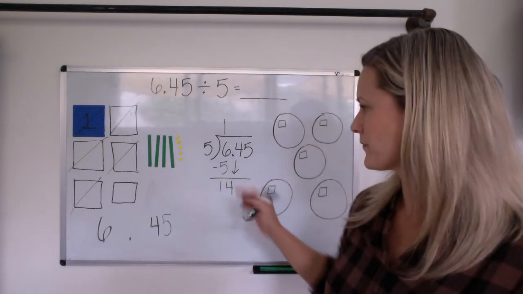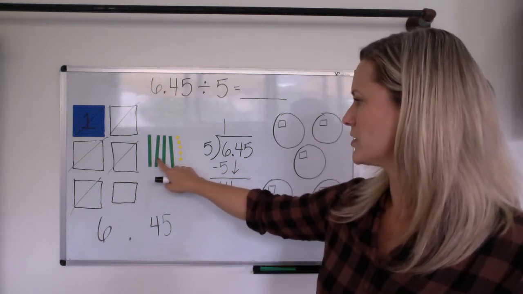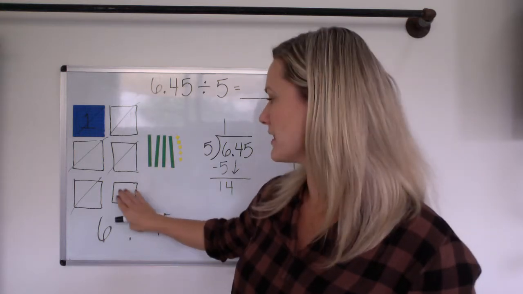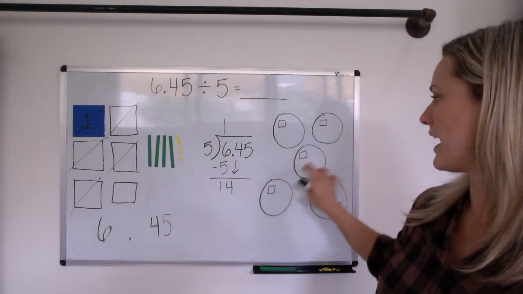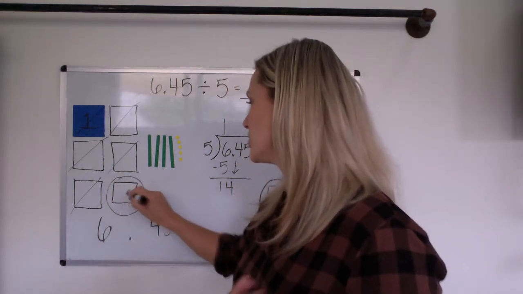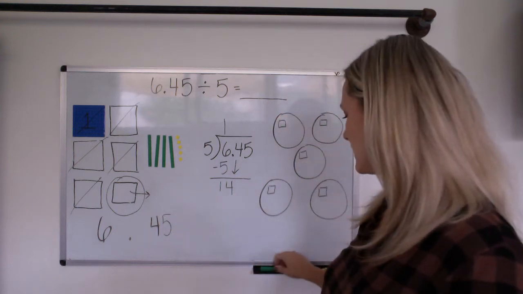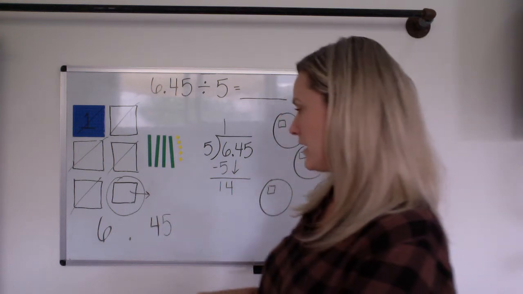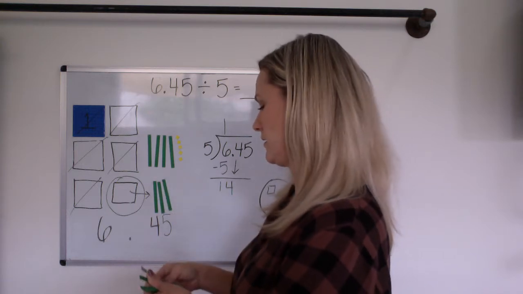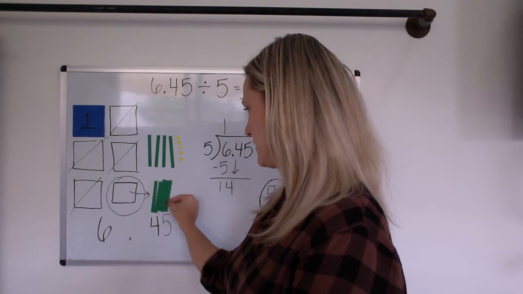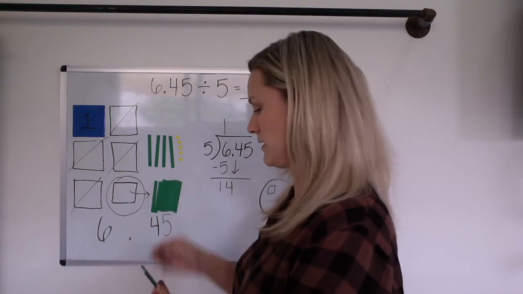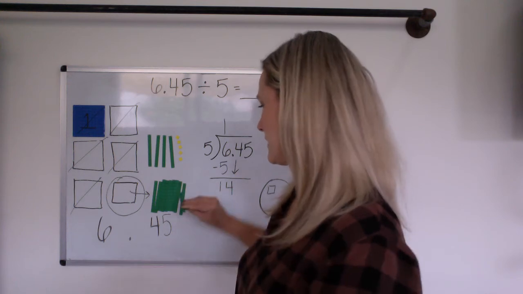But wait a minute. We've got 1, 2, 3, 4 tenths right here. So that means actually we're going to split this guy up so that we can actually divide it into groups equally. So we're going to turn this one into tenths. So let's do that. 1, 2, 3, 4, 5, 6, 7, 8, 9, 10.